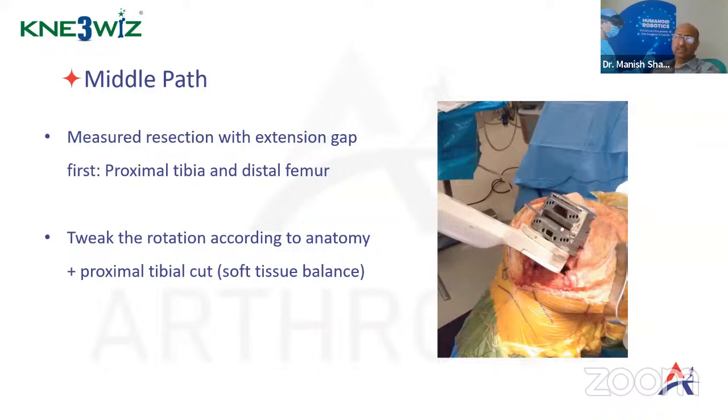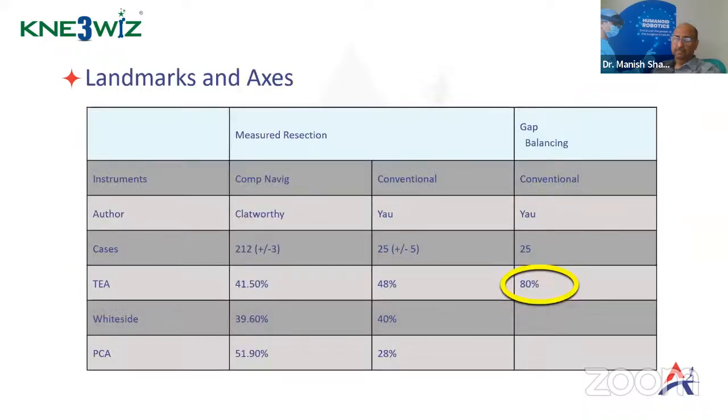The middle path is measured resection with extension gap first, tweak the rotation according to the anatomy and based on the proximal tibial cut. This is an interesting comparison. Where do we get the anatomical landmarks correct?